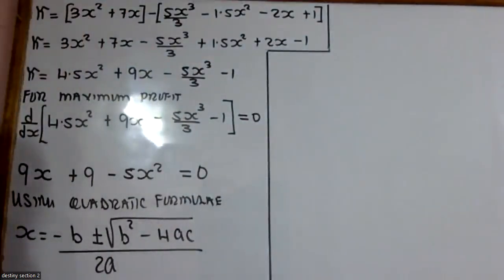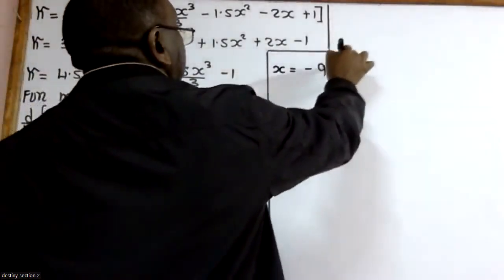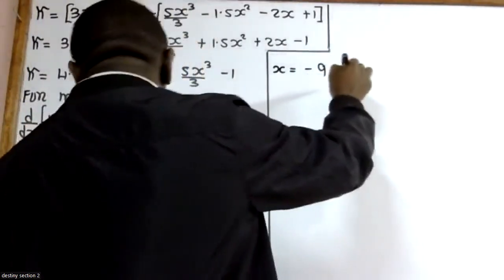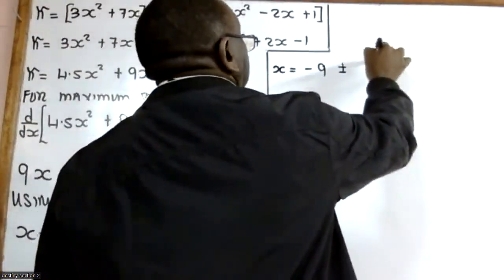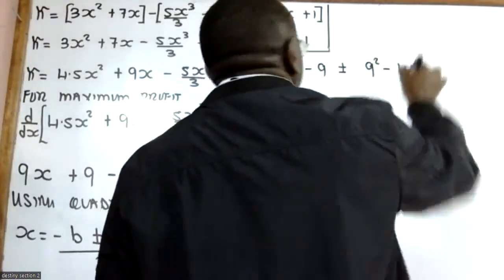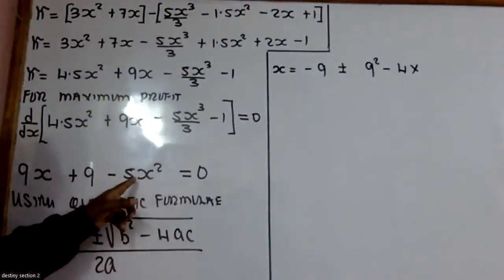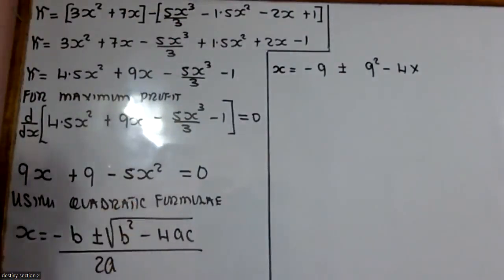So in substituting this, the value of b is the one that does not have a square. So it's this one. So I'm going to have x being equal to minus 9 plus or minus 9 squared minus 4 times a. A is the one that has the square, so it's minus 5.